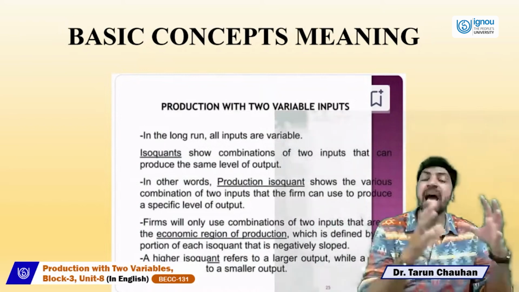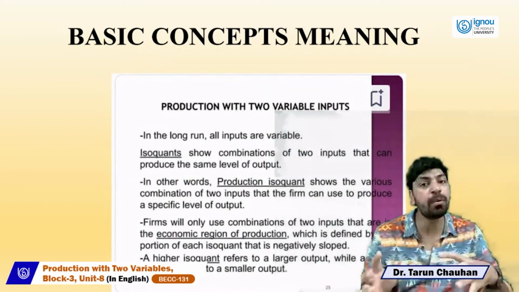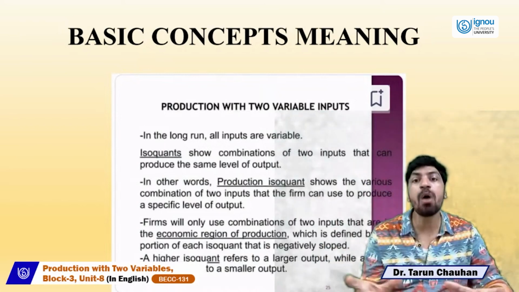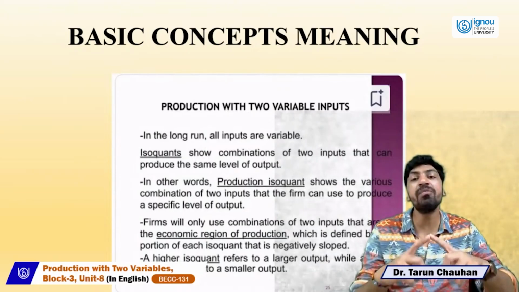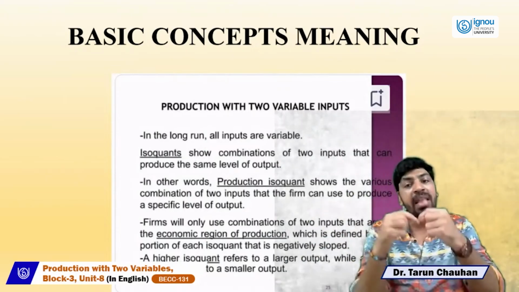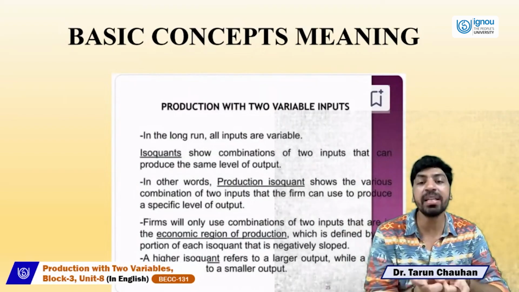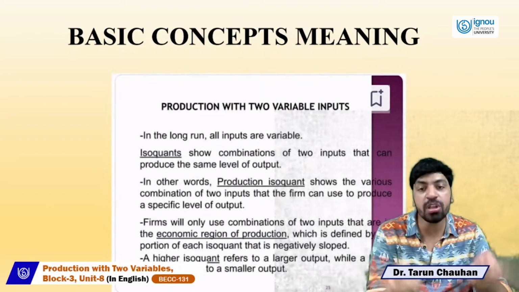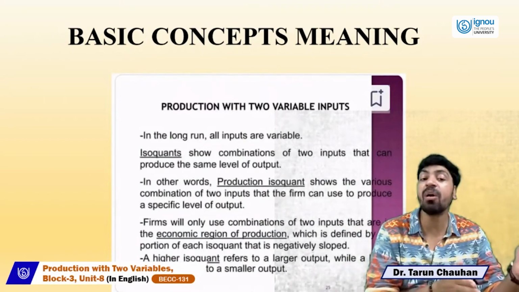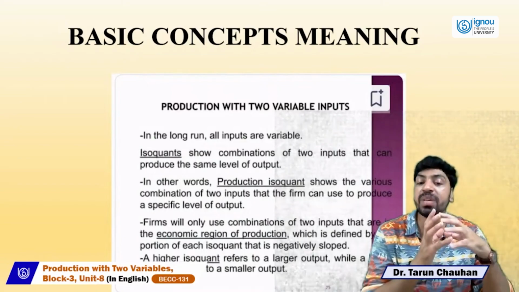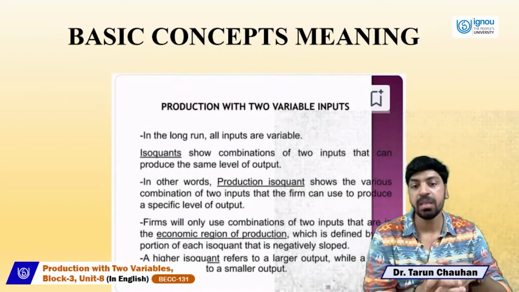It means the isoquant is downward sloping. So the area which shows a downward slope, that portion of the isoquant, is exactly called the economic region of production.